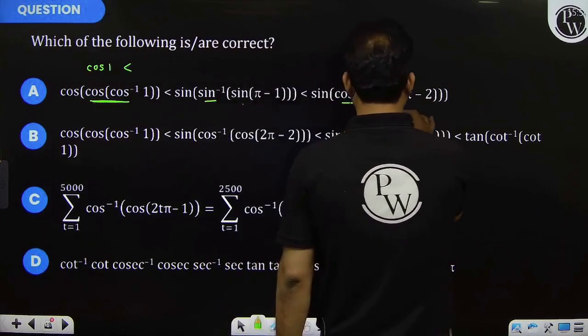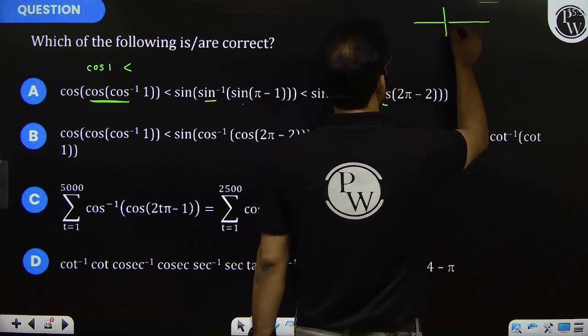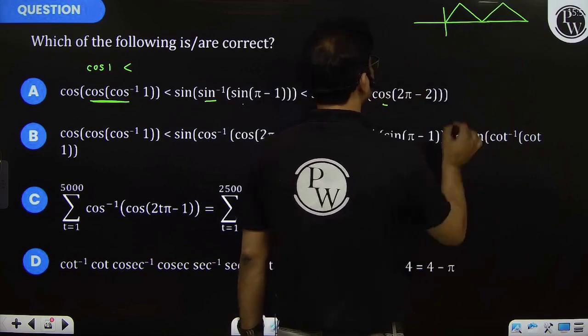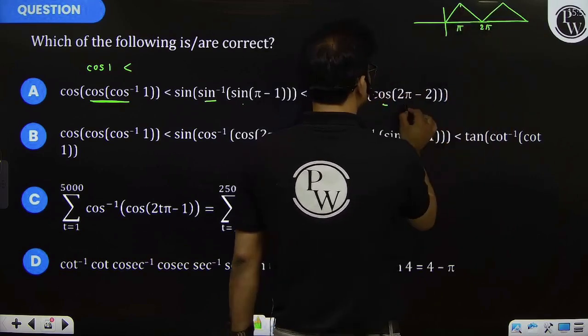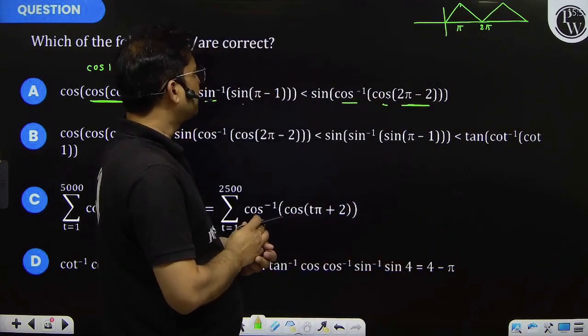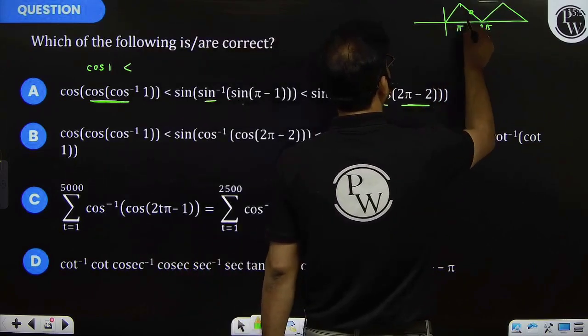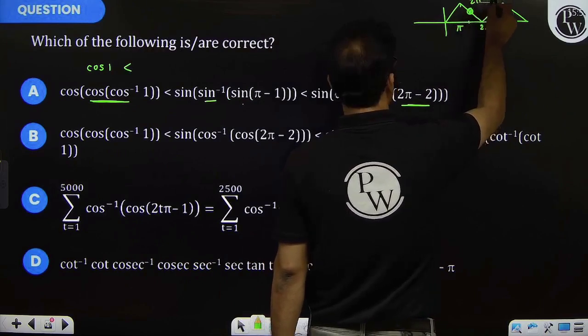Come to this point, cos inverse cos x. This is the graph of cos inverse cos x. This is your pi, this is your 2 pi. This value is 2 pi minus 2 and pi is 3. Means this point will lie in this region and the equation will be 2 pi minus x.